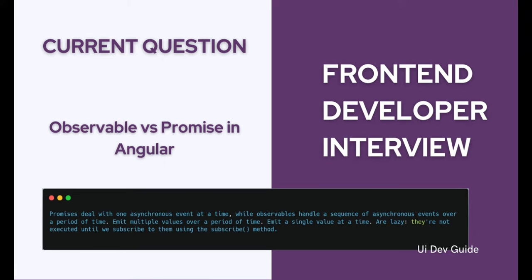But observables, until you subscribe to them, are in a sleep position. As soon as you subscribe by doing dot subscribe, observable keeps giving you observer dot next until it has completed its job, and you get the data in the subscribe function or variable.